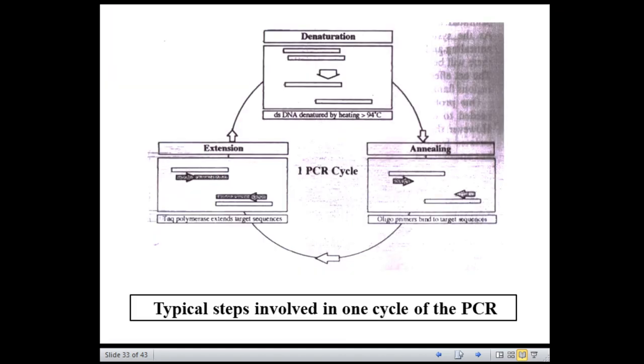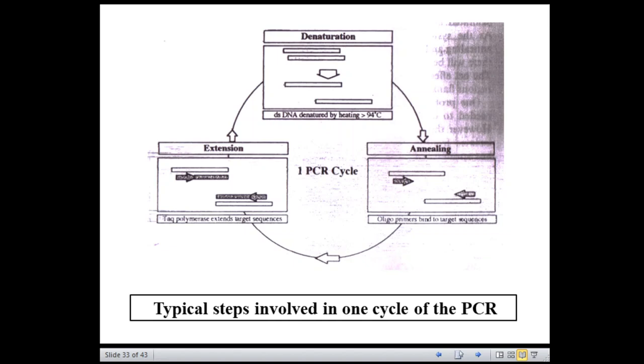Right? So if you look at the typical stages and components of the PCR, the PCR consists of three defined sets of times and temperatures, which are termed denaturation, annealing, and extension.